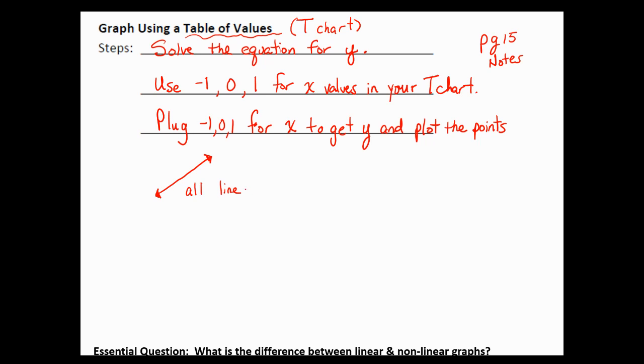So no curvy lines. And you should always put arrows on the ends. Because if you don't, then if you remember back in geometry, they taught you segments and rays.